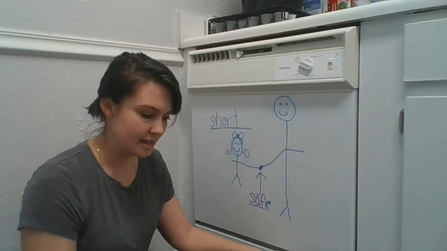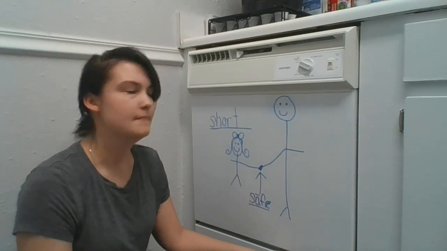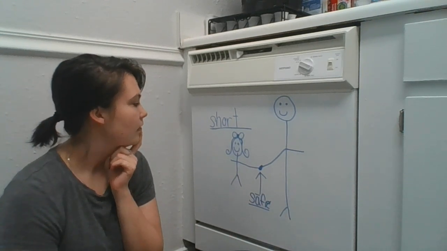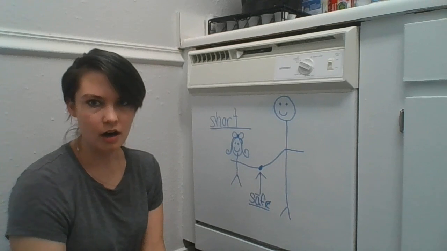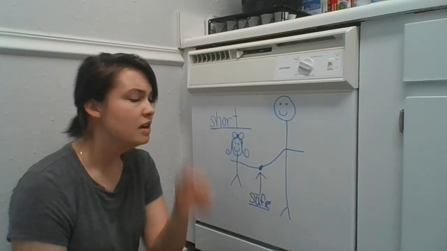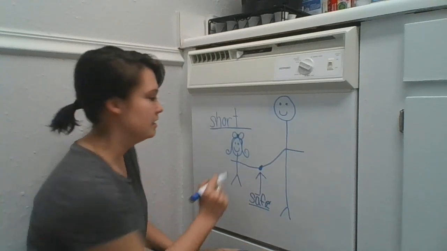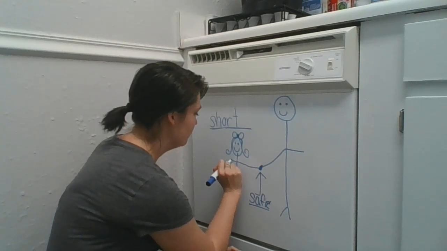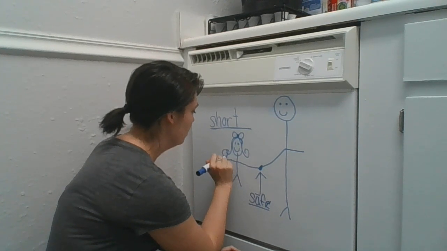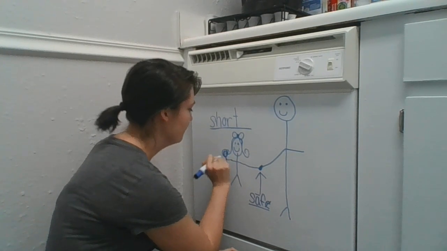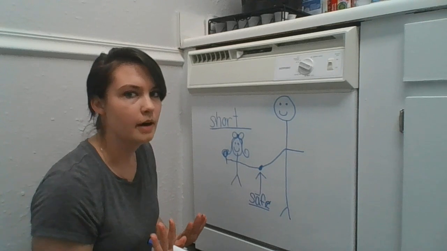My last one is I need a blend. Let's think. What could I draw that would have an adjective that has a blend in it? I have an idea. I'm going to make her arm a little bit longer. She's going to be holding a lollipop. That's a lollipop.